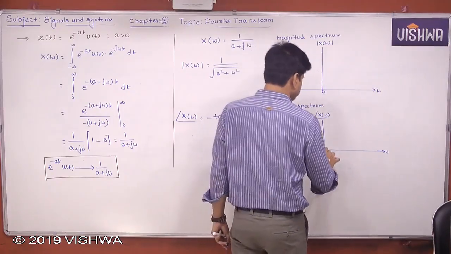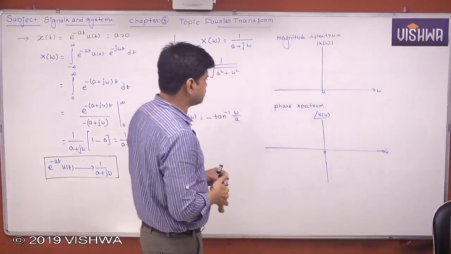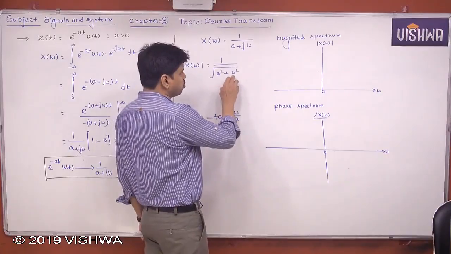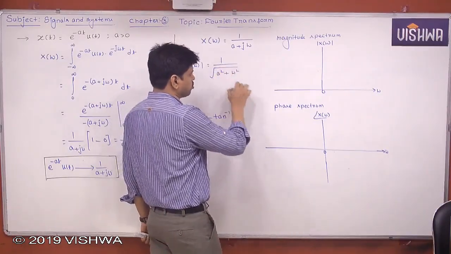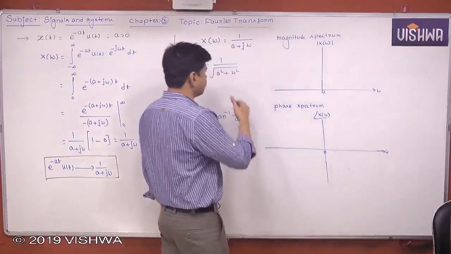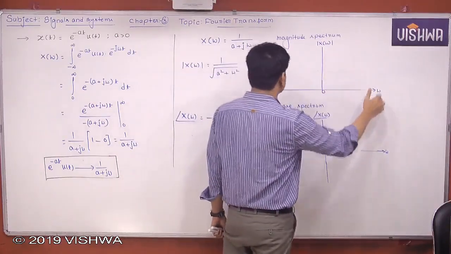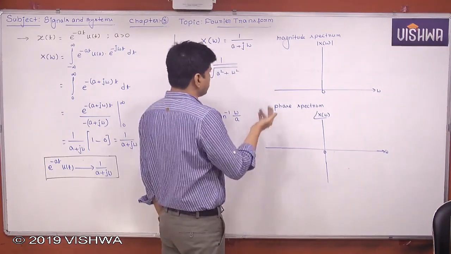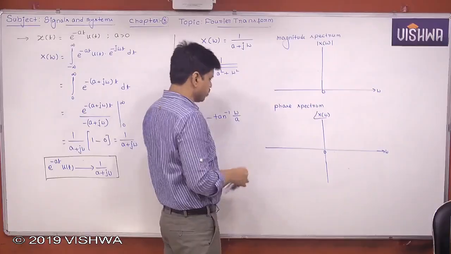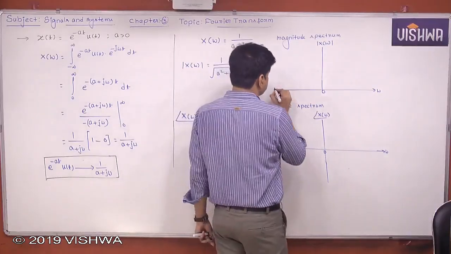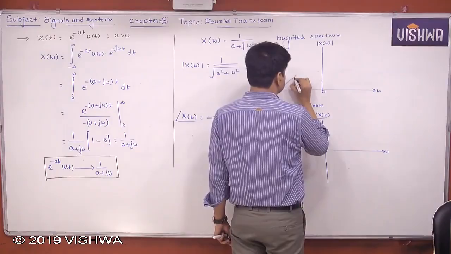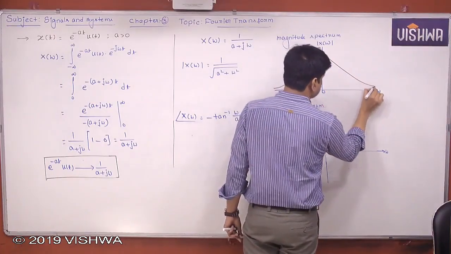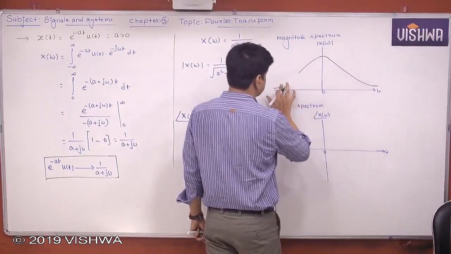First, I want to draw the magnitude spectrum. When omega is equal to 0, this is nothing but 1 by a, the maximum value. If omega increases, its values keep decreasing. When omega reaches infinity, this value is going to be 0. Similarly, if omega is negative, we get the same value. So finally, the magnitude spectrum will look like this. This is what we are going to get.